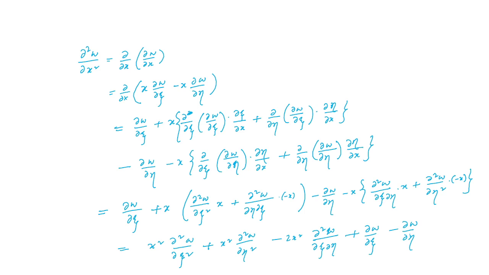In a similar way, when you will calculate del 2 omega del y square, similarly del 2 omega del eta square del y square, that will be del y of del omega del y.